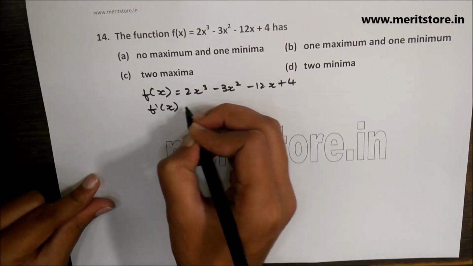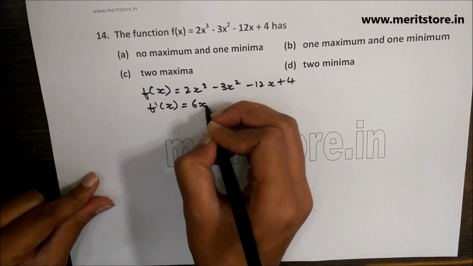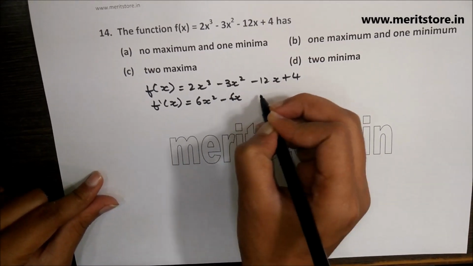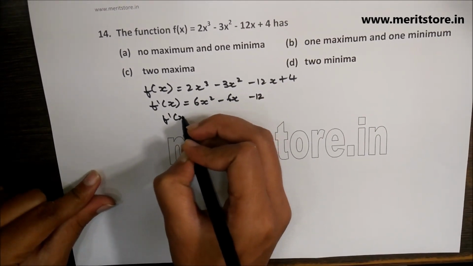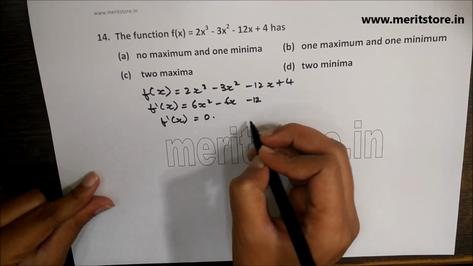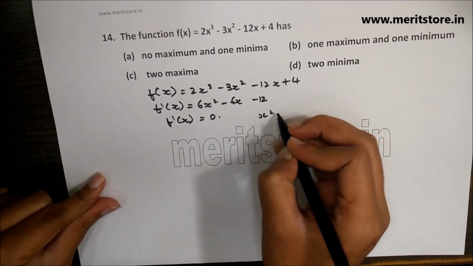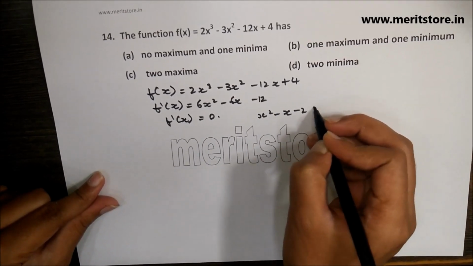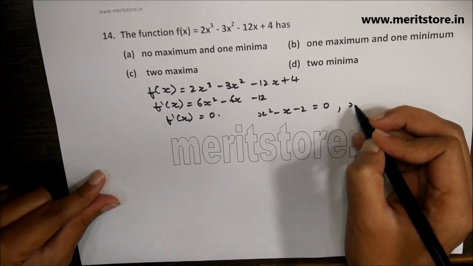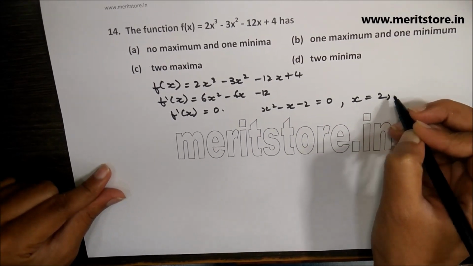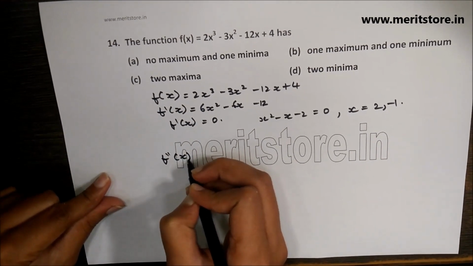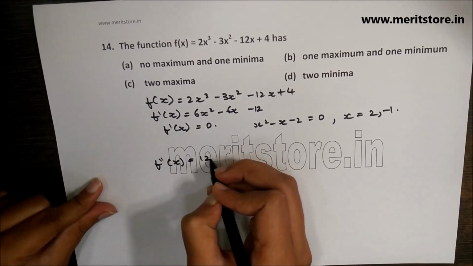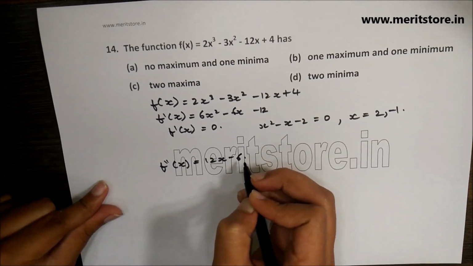Differentiating it once, we get 6x square minus 6x minus 12. Now putting f dash x equal to 0, we get x square minus x minus 2 equal to 0, and the value of x is equal to 2 and minus 1. Double differentiating f of x, we get 12x minus 6.